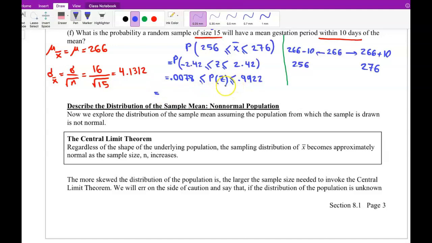So finding what we have in between is 0.9922 minus 0.0078, and that is equal to 0.9844. So I'm going to draw what that is.